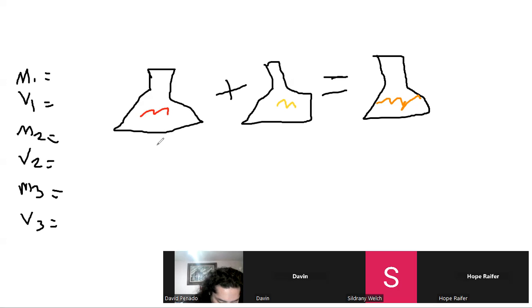We need to find M3, and volume V3 is equivalent to the addition of V1 and V2, right? So V3 equals V1 plus V2.